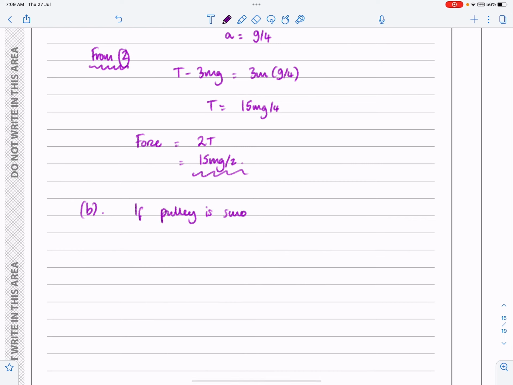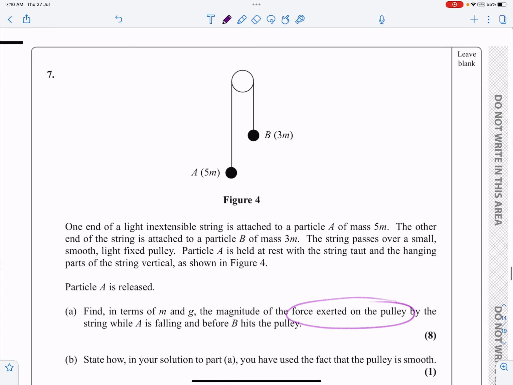And just to be absolutely accurate, the tension is the same on both sides of the pulley. You could say the tension is constant on both sides of the pulley. Yeah, go and have a look at that video and it gives you the 5 or 6 different versions that we might have. But really straightforward question, so hopefully that makes sense.